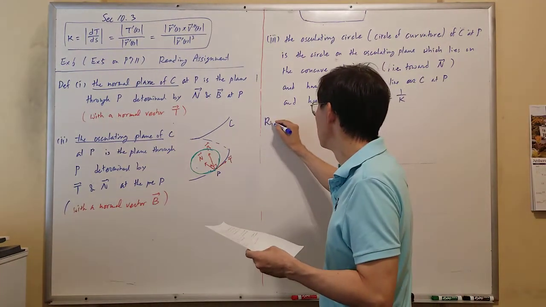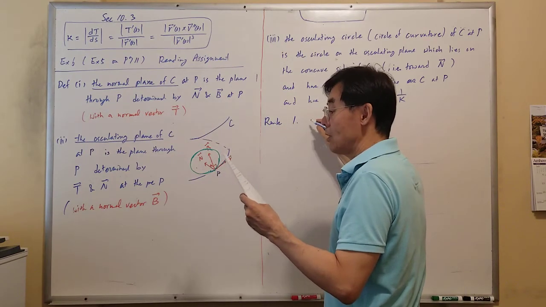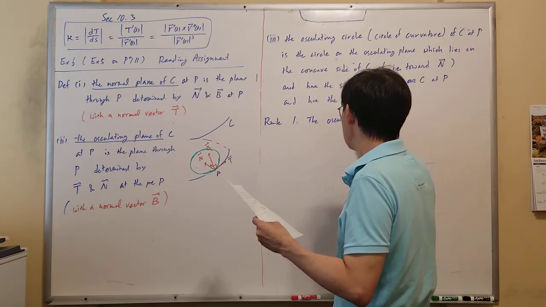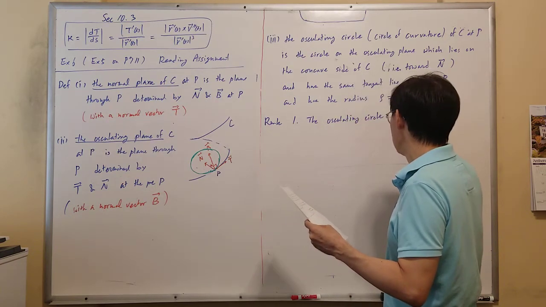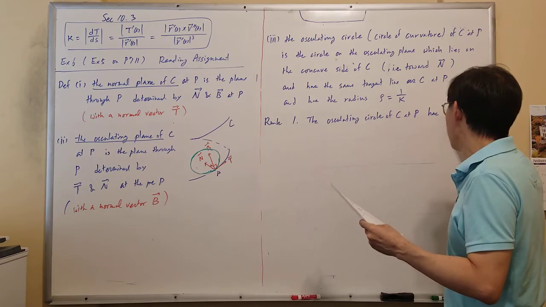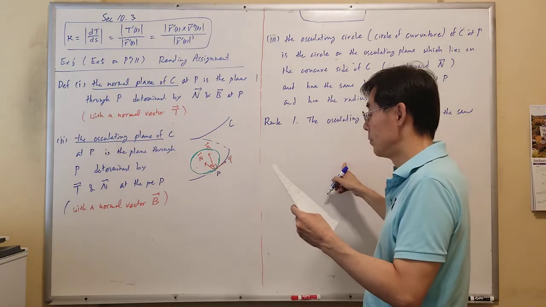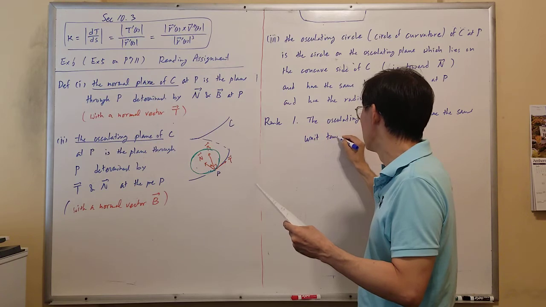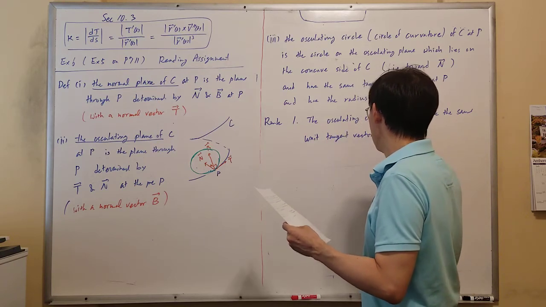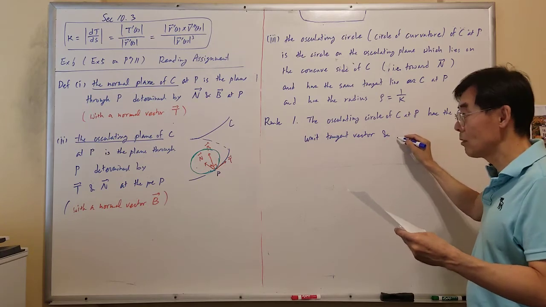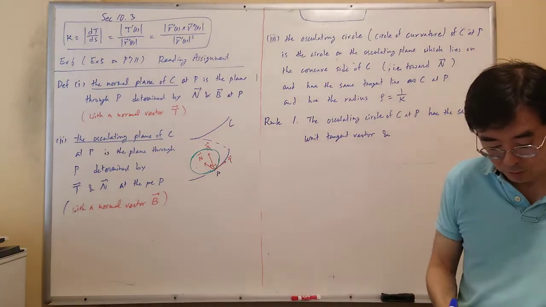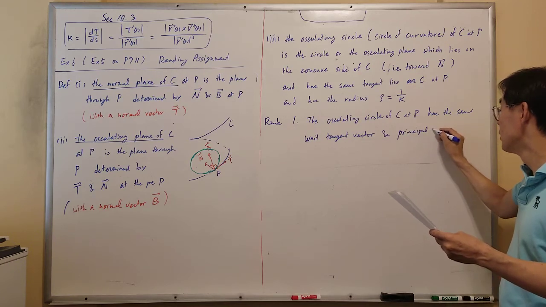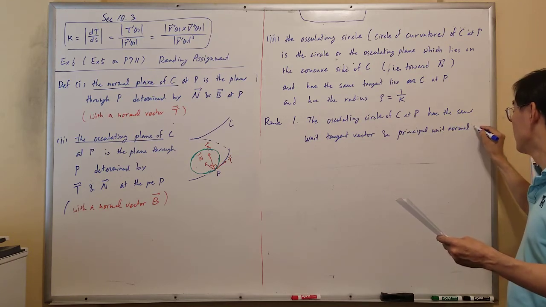Now, the remark. The osculating circle of C at P has the same unit tangent vector and principal unit normal vector.